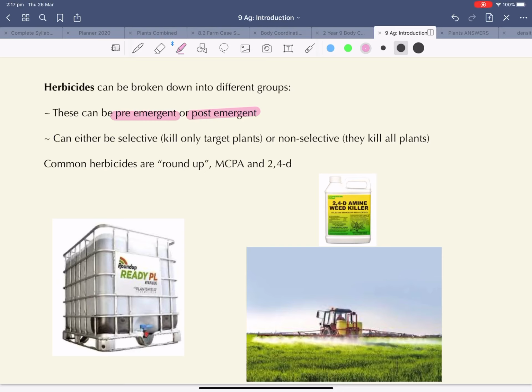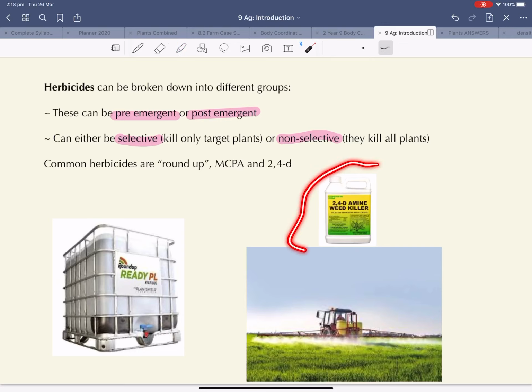We break them down into selective, which means they only kill the target plants, or non-selective, which means that they kill all plants. Now, selective, we've got some examples here.